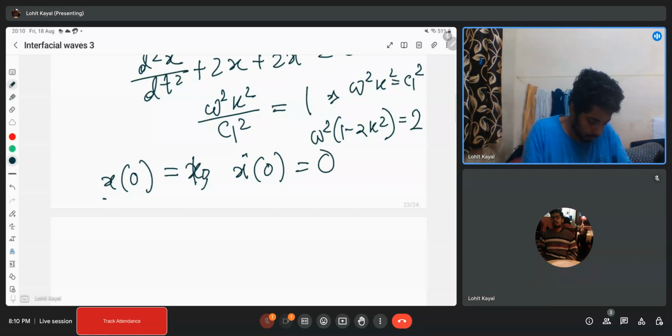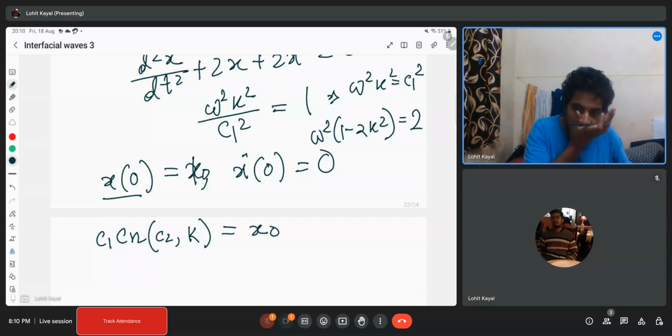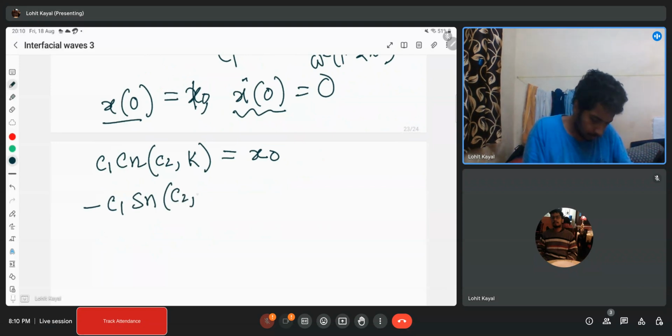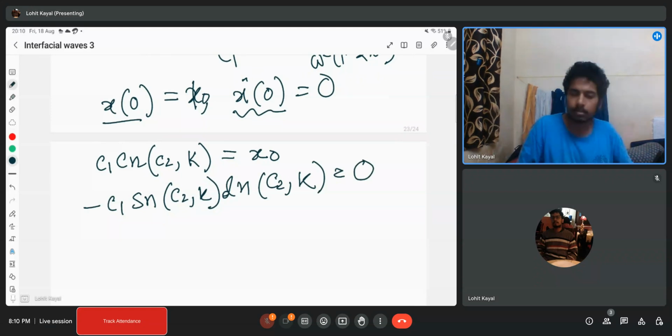Now what is x0? x0 is c1 cn(ωt + c2, k) equal to x naught, and x dot equal to 0. So what is x dot? x dot will be minus c1 sn(c2, k) dn(c2, k) equal to 0.